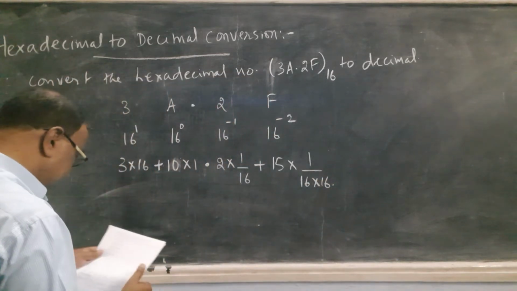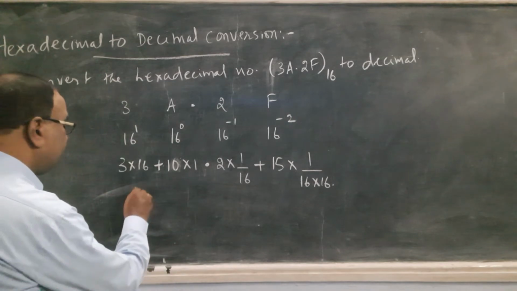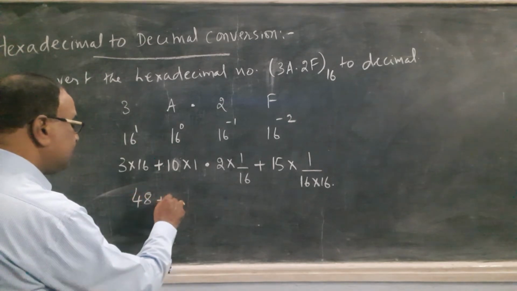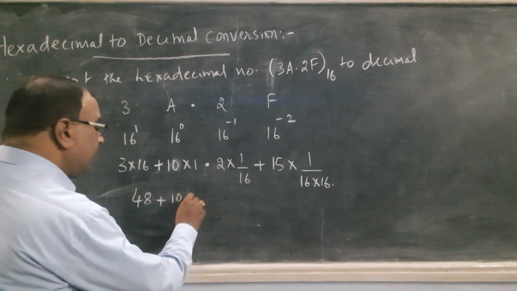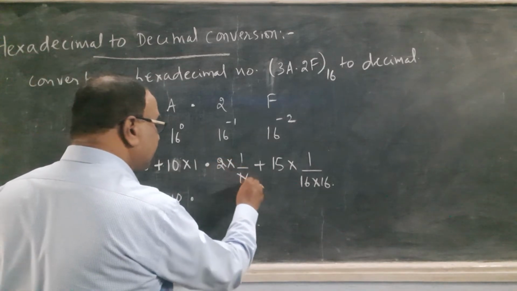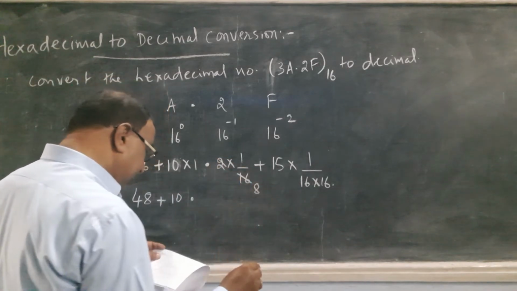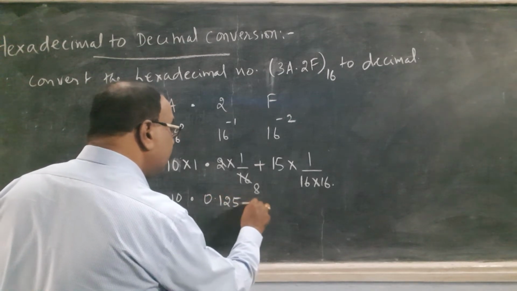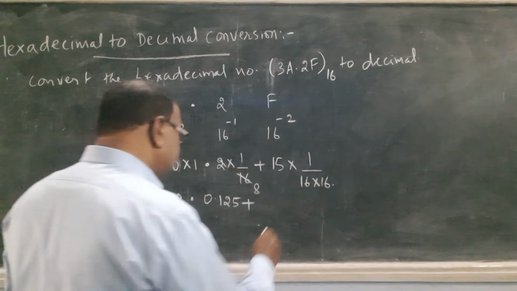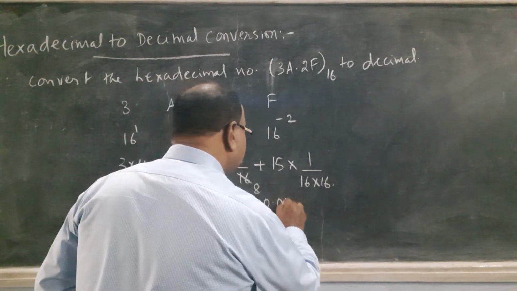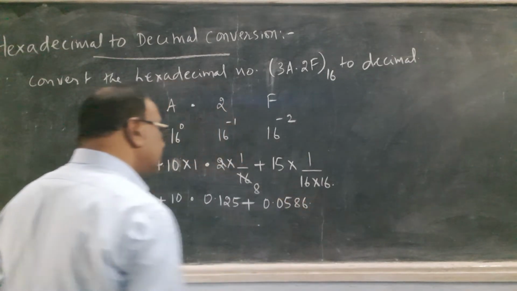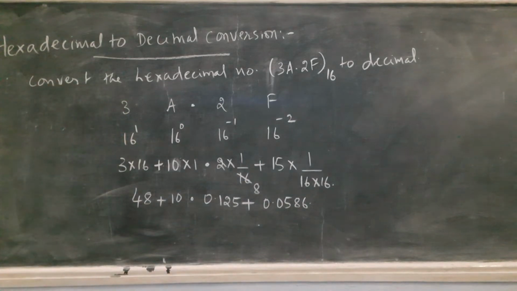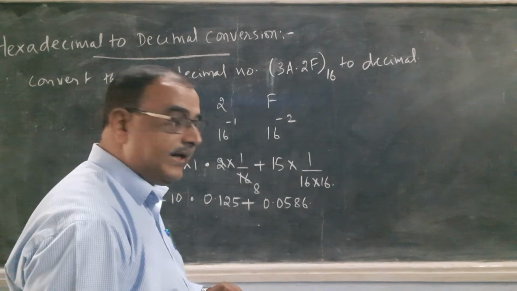So now you write the product. This is 48 plus 10 point. So this is 1 by 8. So 1 by 8 has the value 0.125 plus 0.0586, right? 15 into 15 divided by 16 into 16 is 0.0586.